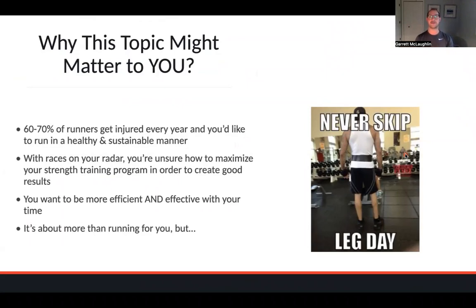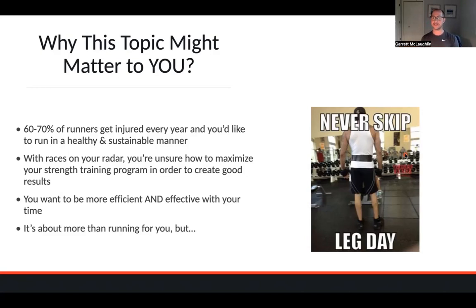So we want to make sure we're adding something in there to slow that decline as much as possible. We're looking at bone density, the strength of our muscles, the strength of our tendons and connective tissues, and our cardiovascular system, right? So we want to incorporate different types of training that help us reduce that decline over time so we can continue to run and be active in the best manner possible.